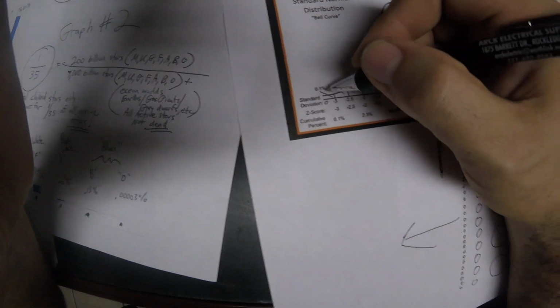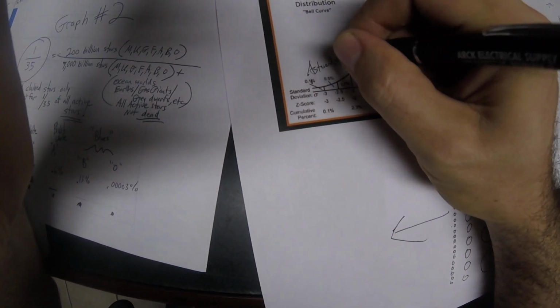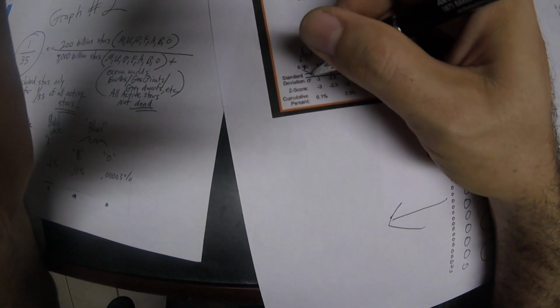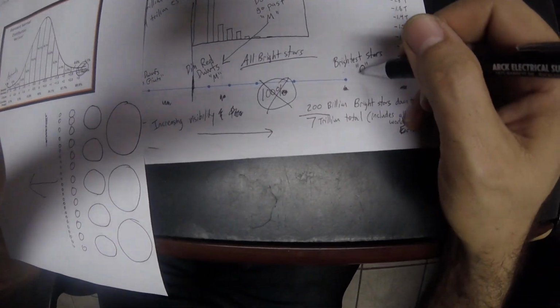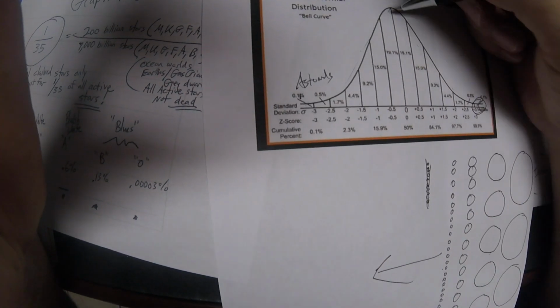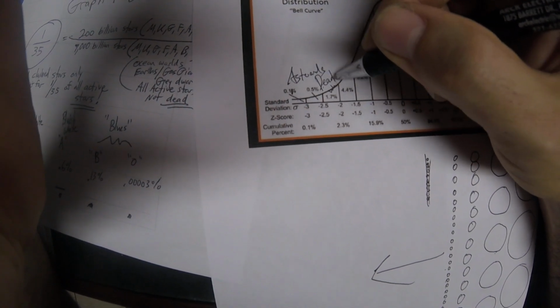That would be like saying asteroids are as populous as the really biggest, brightest, hottest stars. And clearly there would be a hell of a lot more asteroids as well. Dead worlds would be here.